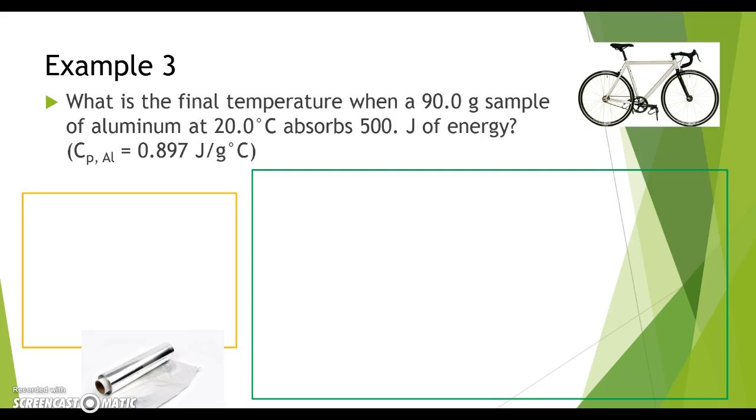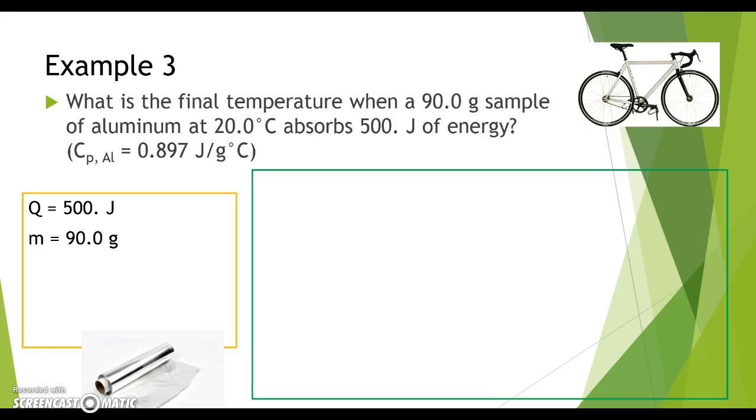Example 3. What is the final temperature when a 90-gram sample of aluminum at 20 degrees Celsius absorbs 500 joules of energy? The specific heat capacity value of aluminum is 0.897 joules per gram degree Celsius. Again, write down our givens. We have 500 joules of energy.